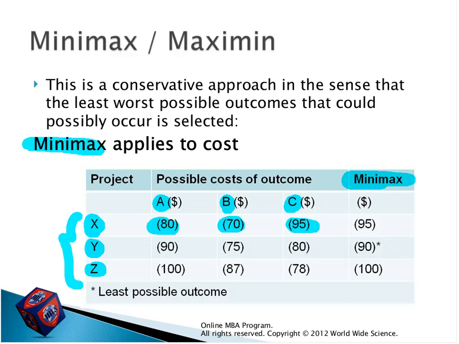It's 95, right? The cost is the money, the cash outflows, right? What is the least worst cost in project X? Is it 95, right?